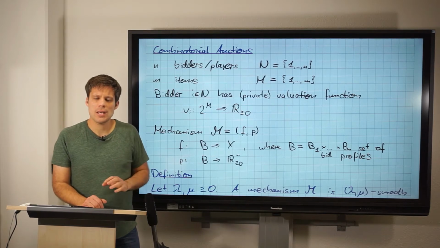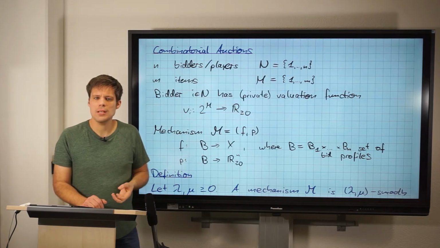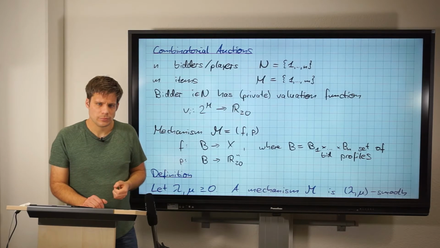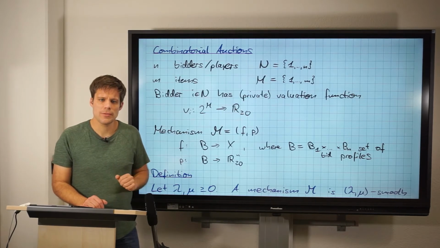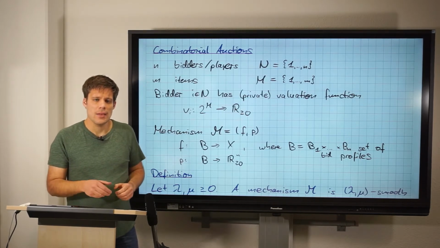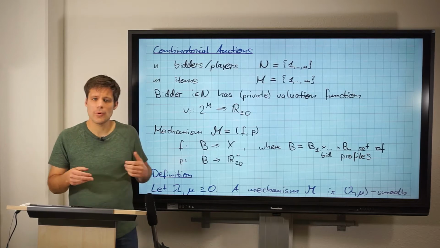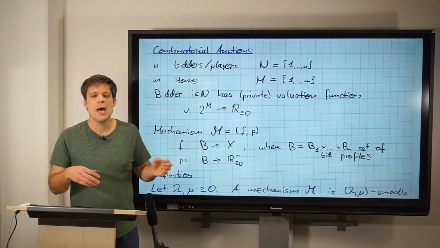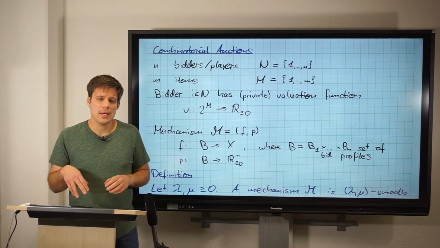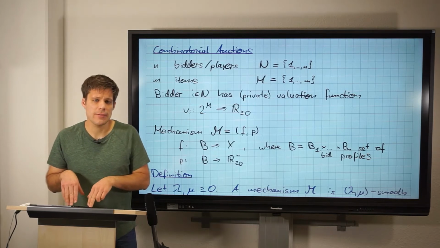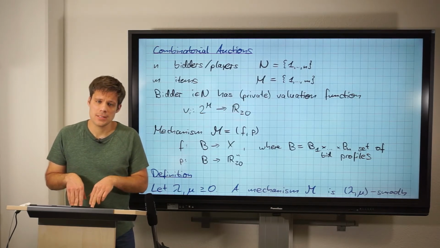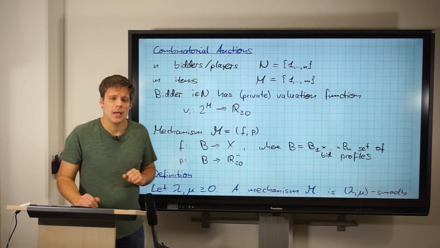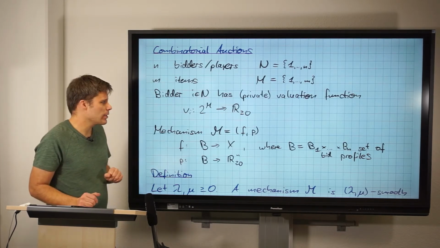I realize that I'm always dropping our convention that we're following all the time, namely that this is a monotone function, getting more items will never hurt you, and also that getting no items, you have a zero value. So this is all implicit in whatever we're doing regarding combinatorial auctions.